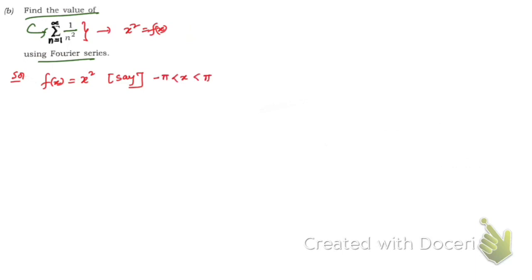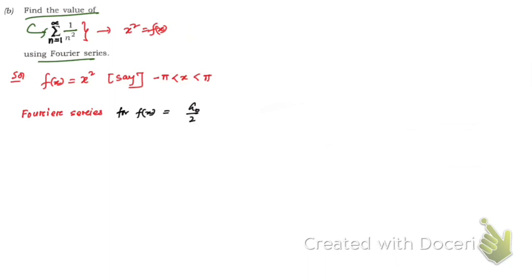So the Fourier series for this function f of x is equal to a naught by 2.